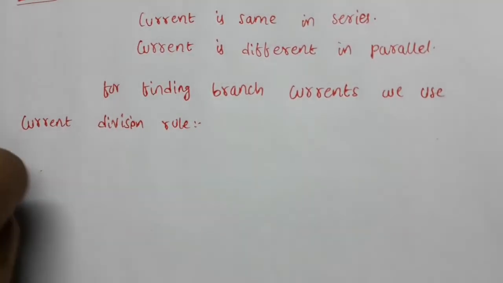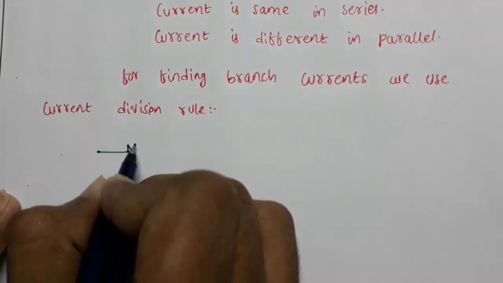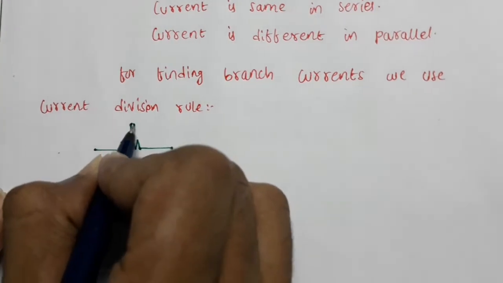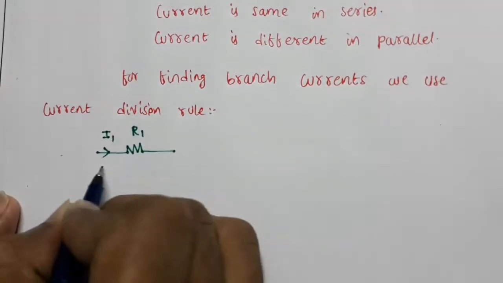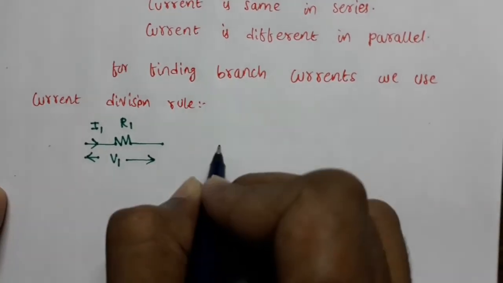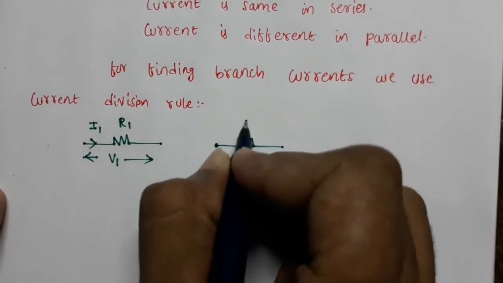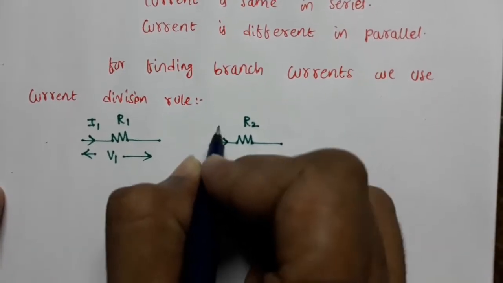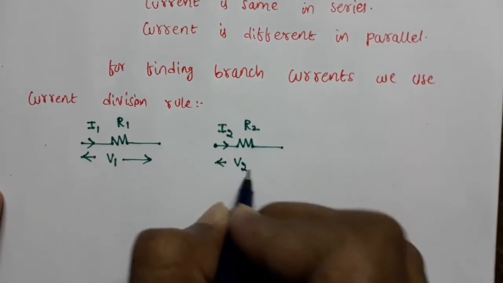For explaining this, I am taking two resistances. This is resistance 1, R1. Current through this is I1. Voltage is V1. And I am taking resistance 2, that is R2, and current through this is I2 and the voltage is V2.